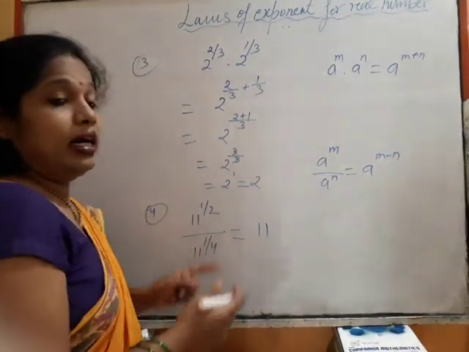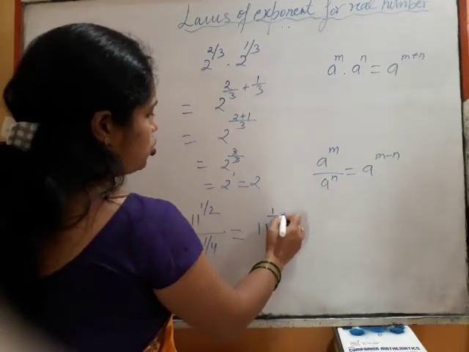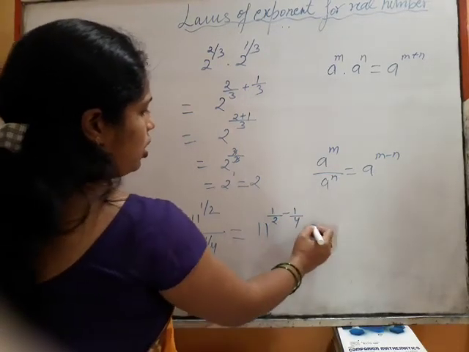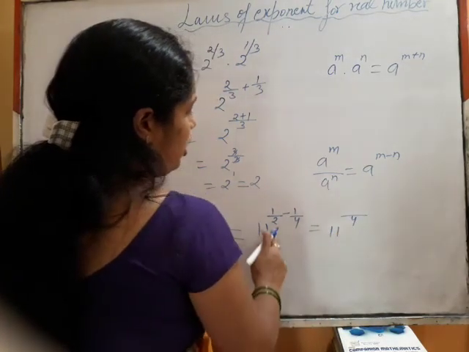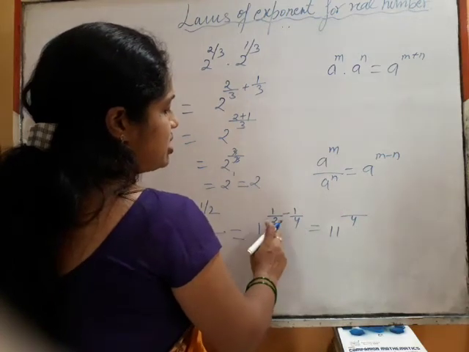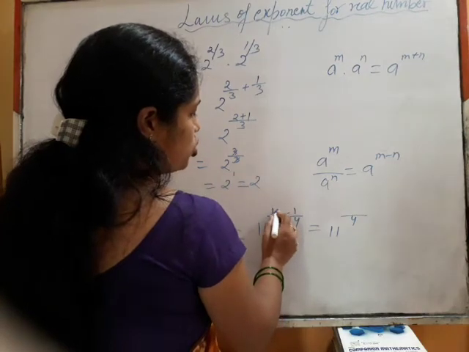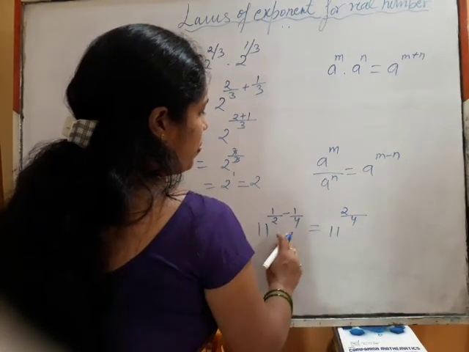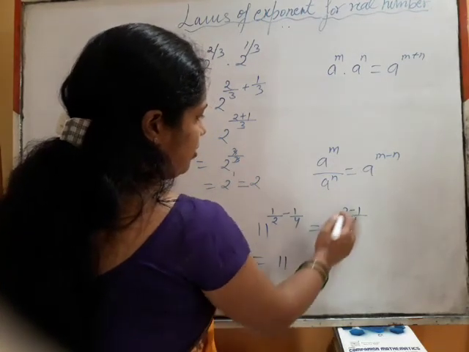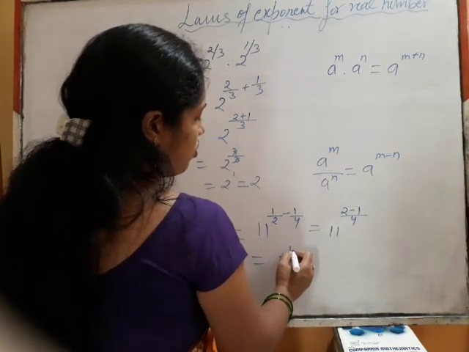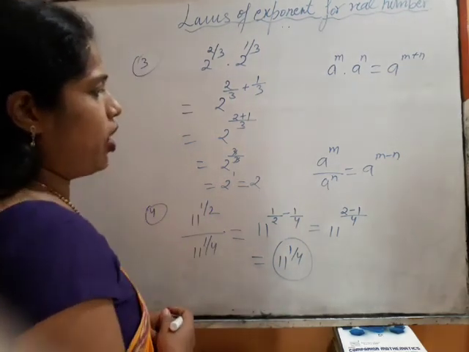Here the exponents will be subtracted. 1 upon 2 minus 1 upon 4. If we take LCM here, the LCM will be 4. Now to make like fractions, 2 2s are 4, so we multiply 2 here also, and 1 upon 4 is as it is. Now 2 minus 1 is 1 upon 4. So the answer will be 11 raised to the power 1 upon 4.